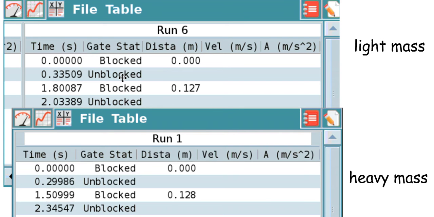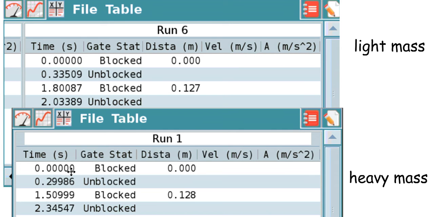That's on the way as they're moving toward each other. And then similarly, as they come back through, 1.8 and 2.033. So these are the 4 time events that we set. Whenever we set it up, we said we want to record for 4 different events. The other photo gate grabbed these.